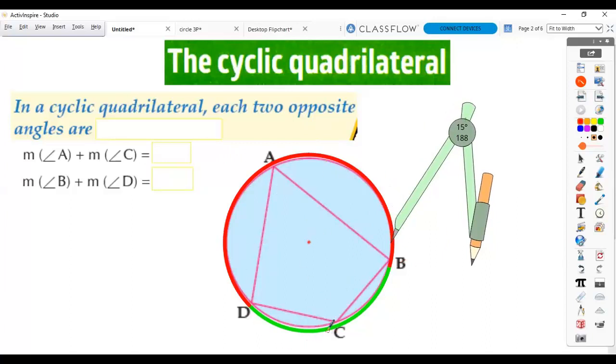So A is half the green arc and C is half the red arc. So A plus C is half the circle, and the circle equals 360. Then the sum of A plus C equals 180, and two angles whose sum is 180 are supplementary angles.